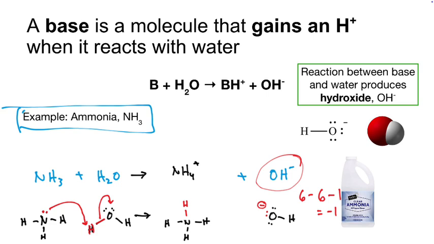What happened to the nitrogen? Well, nitrogen became positive. How did it become positive? How many valence electrons does nitrogen have? 5 minus the number of non-bonding electrons. How do you know you have non-bonding electrons at all? You have dots.